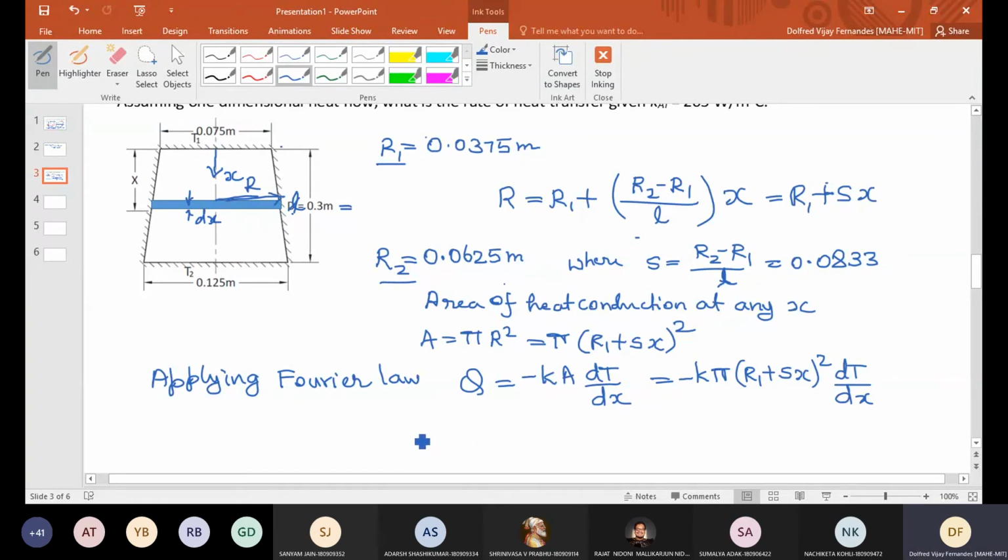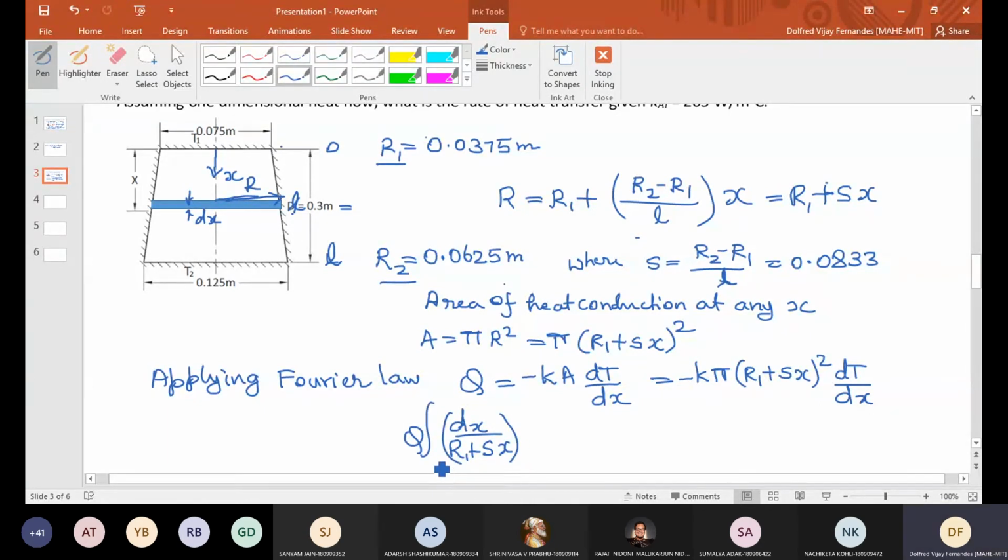So you can write Q into dx. Integrate from R1 to R2 or across the length? Oh, sorry, not R1, R2. It's from 0 to length. Yeah, 0 to L. So dx divided by R1 plus Sx whole square.